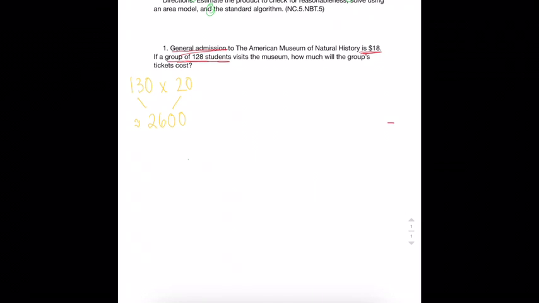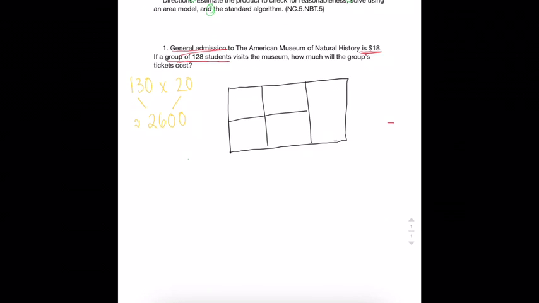The next step is to solve using an area model. So I'm going to go ahead and set up my area model for 3-digit by 2-digit multiplication. When we're using an area model, we are going to decompose our numbers. Remember, decompose means to separate or to take apart. So I have a 3-digit number up top and a 2-digit number across.